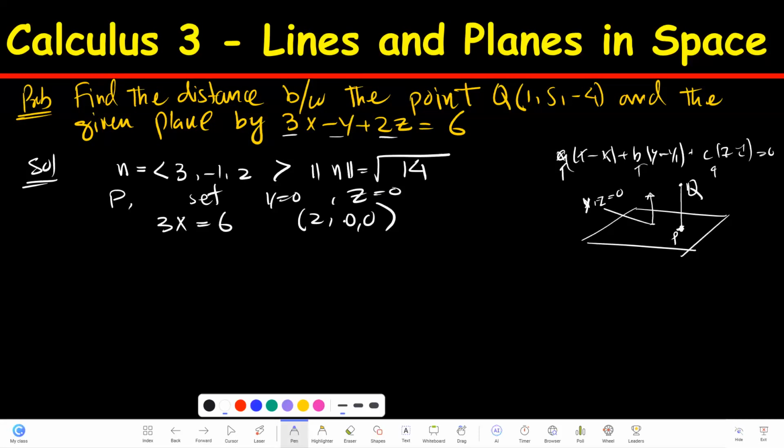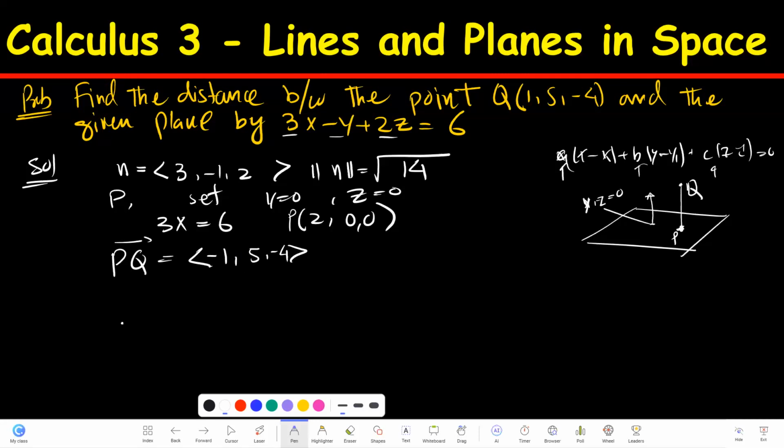This is my point, and I need to find PQ. Q is given. So 1 minus 2, this is my Q and this is my P, so PQ is minus 1, 5, and minus 4.